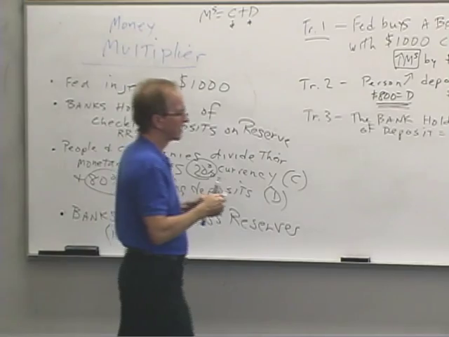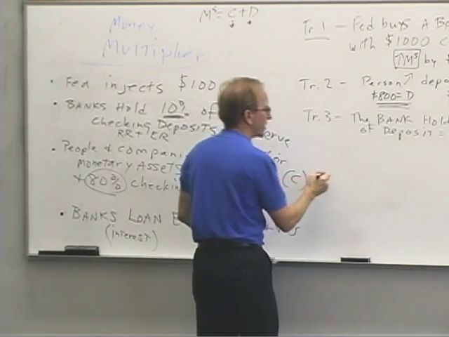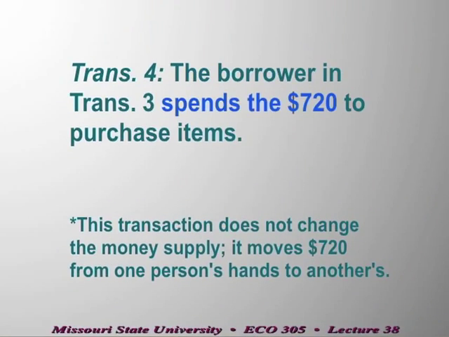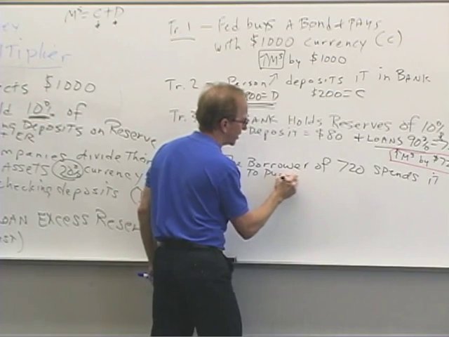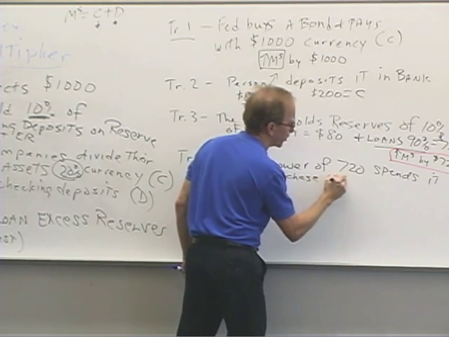Okay? So, here's transaction 4. The borrower of 720 spends it. That makes sense, right? That's why people borrow money, to purchase goods and services.